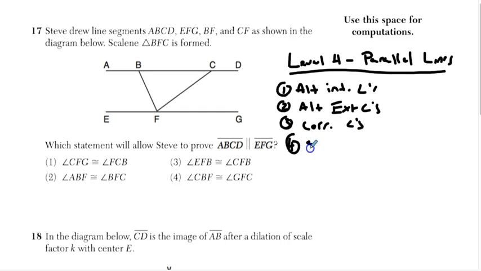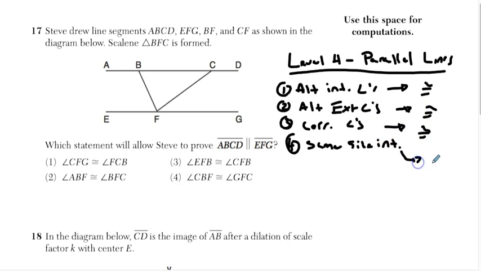And we have same side interior. Now, here's what would have to be true to prove that these lines are parallel. Alternate interior angles would have to be congruent. Alternate exterior angles would have to be congruent. Corresponding angles would have to be congruent. Or same side interior would have to be 180 degrees. So we're looking for one of these facts to prove that they are in fact parallel.